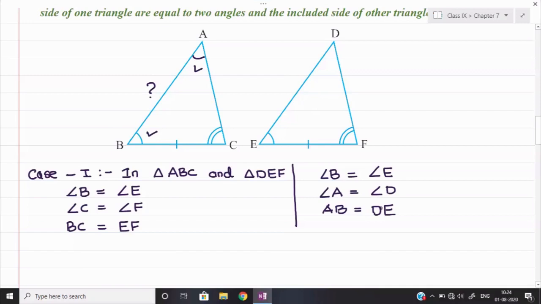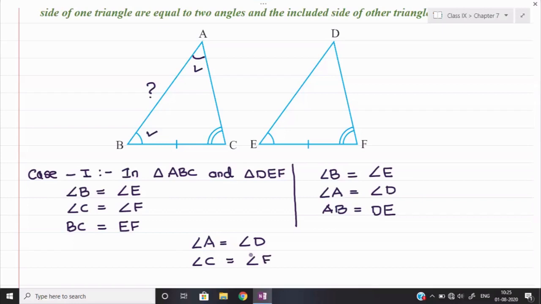Similarly, if I take one more case, for example, we are given that angle A is equal to angle D, and angle C is equal to angle F. I am making the combination of different types of angles. So as per that combination of angles, which side should be given equal to us, that we can see.